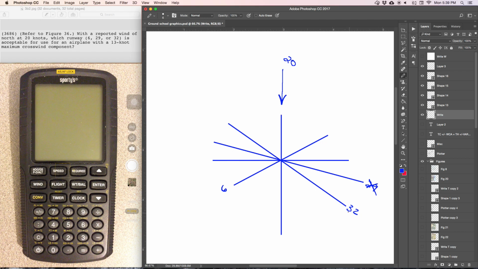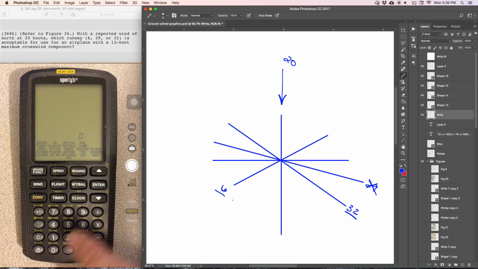So I'm going to start with runway 6 and runway 32 to determine what those crosswind components would be. And if neither of those are acceptable, then I can do runway 29 and double check. So I'm going to start with runway 6. I'm going to go into wind down to crosswind. Wind is 360 at 20 knots.